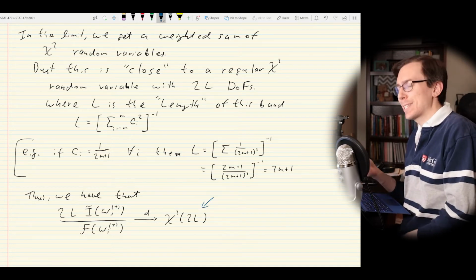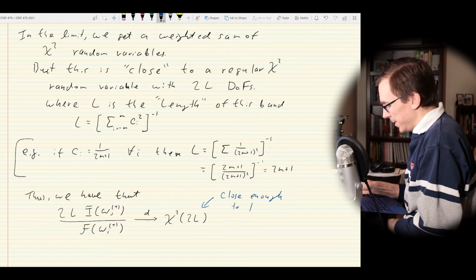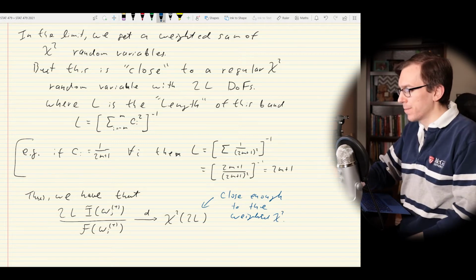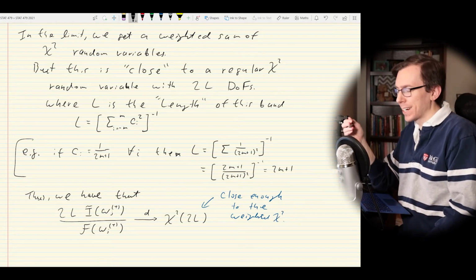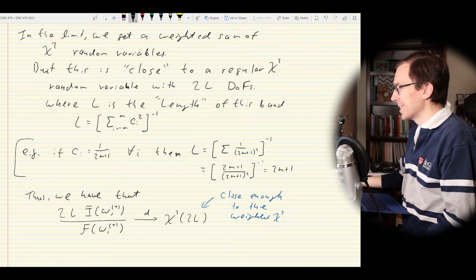There's no like approximate convergence. Close enough, I guess, to the weighted chi-squared distribution. The sum of a bunch of weighted, or I guess the weighted sum of a bunch of chi-squared distributions.